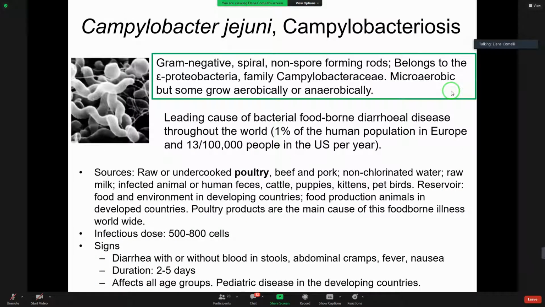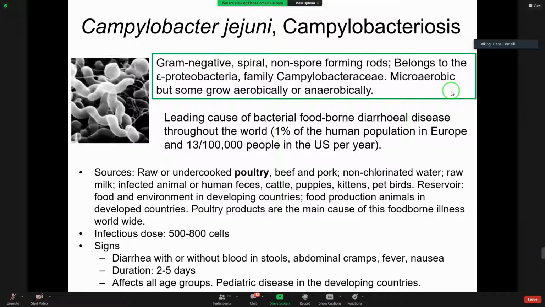So now we're going into a little bit more detail on how these 5 pathogens can cause disease. Let's start with Campylobacter jejuni, and the disease that it causes is called campylobacteriosis. Campylobacter is a microaerophile microorganism, so it requires oxygen to survive, but at lower levels than those present in the atmosphere. This is the leading cause of bacterial foodborne diarrheal disease when we consider the entire world.